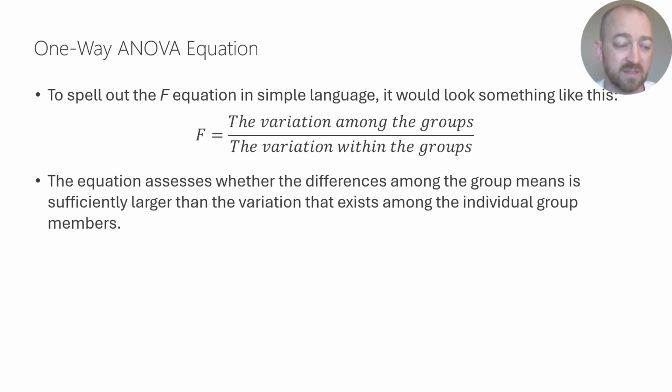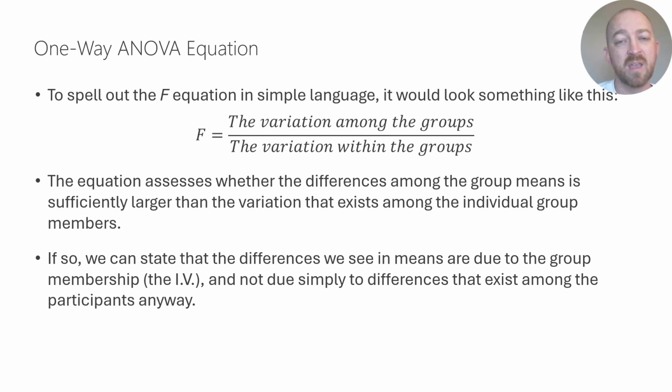It seems to have had some kind of impact, and therefore it's interesting to us as researchers and as scientists. We now want to assess the relationship even further. So basically all we're doing here is, if the amount of variance that is found in the numerator for the F equation is sufficiently large in comparison to the amount of variance in the denominator, then we can say we have a statistically significant F value.